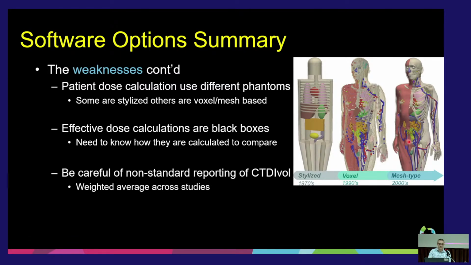All right, and then, I've already mentioned this, you need to ask them how they handle combo cases. Because like I said, some software out there will actually weight the CTDI. So say you have 2 or 3 series, they'll take the CTDIs of each of those series and do a weighting.